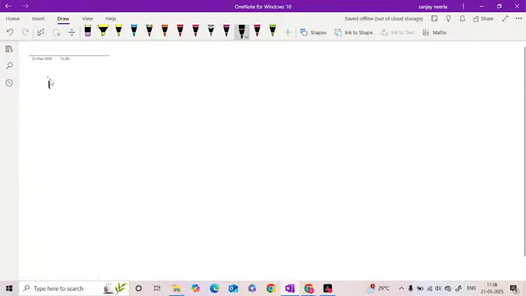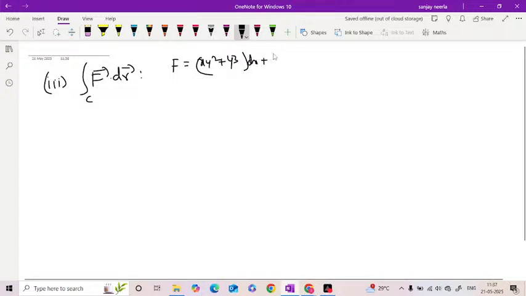Third one, the line integral of f dot dr, and what is the given f? f is xy square plus y cube into dx plus x square y plus 3xy square into dy.